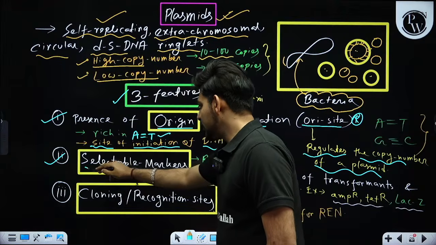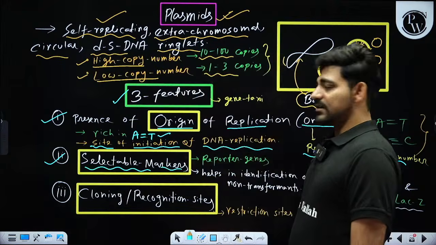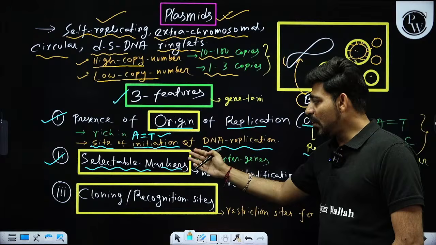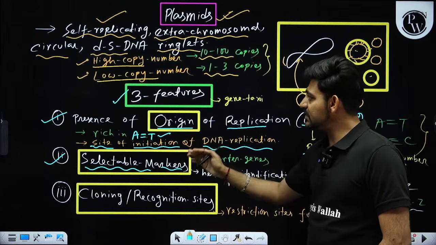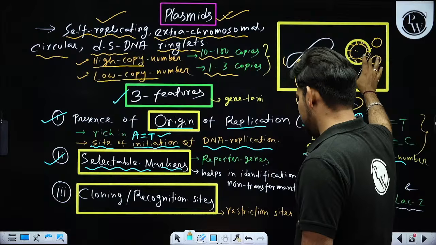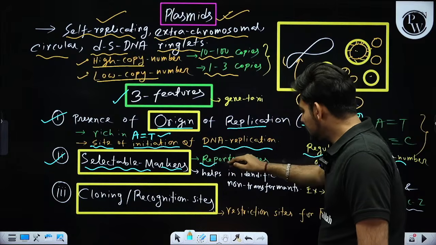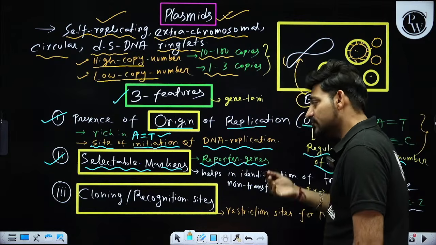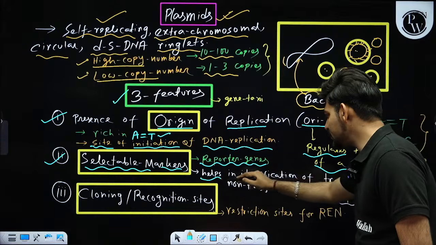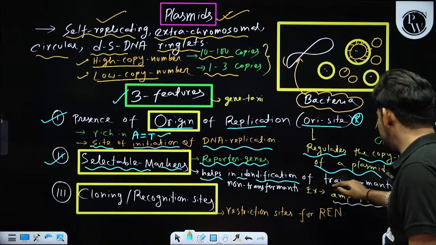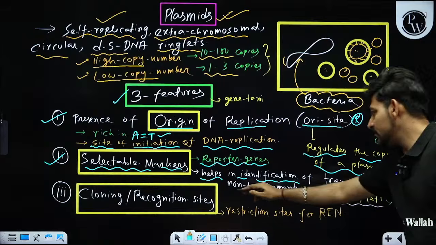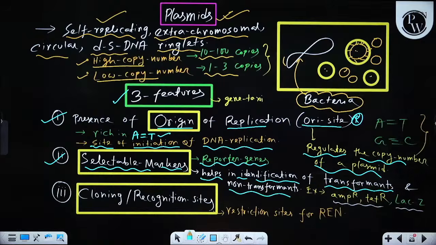Second thing, selectable marker or reporter genes should be present in the plasmid. Now, these selectable markers are called reporter genes. Why? Because they help in identification of the transformants and non-transformants.